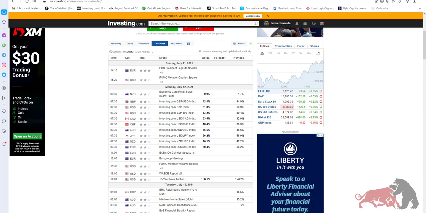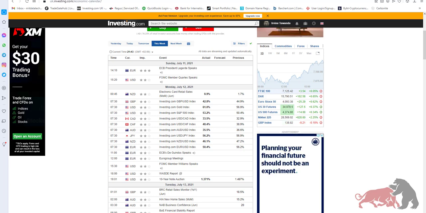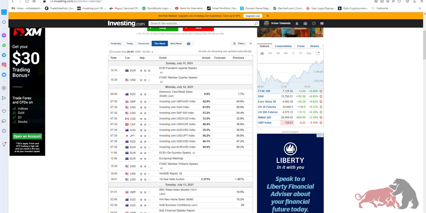To the downside, to which price point is our target? 92. We don't want to see dollar trade below 92 or 91.50. If that happens, then we have a short-term bearish momentum on the dollar.